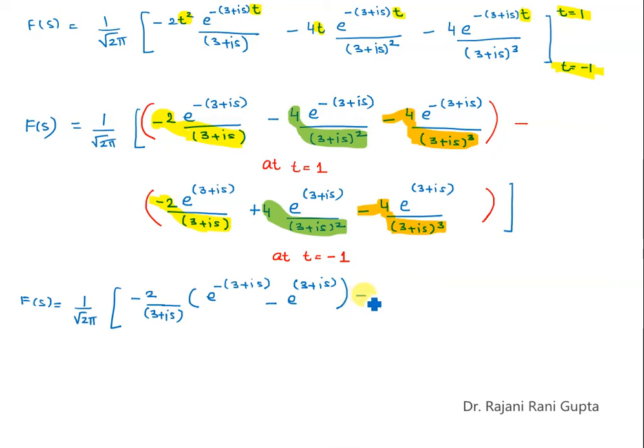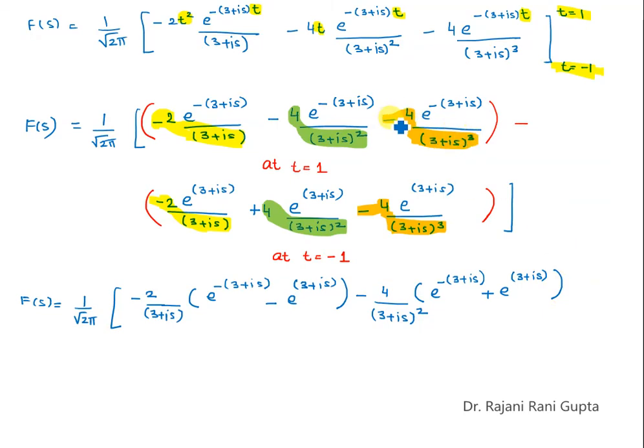Similarly, from the second term, if I take 4 over (3 plus iota s) power 2 as a common factor, what are we left with here? e power minus (3 plus iota s), and here minus plus makes it minus, and we are already taking the minus sign outside, so it will be plus e power (3 plus iota s).